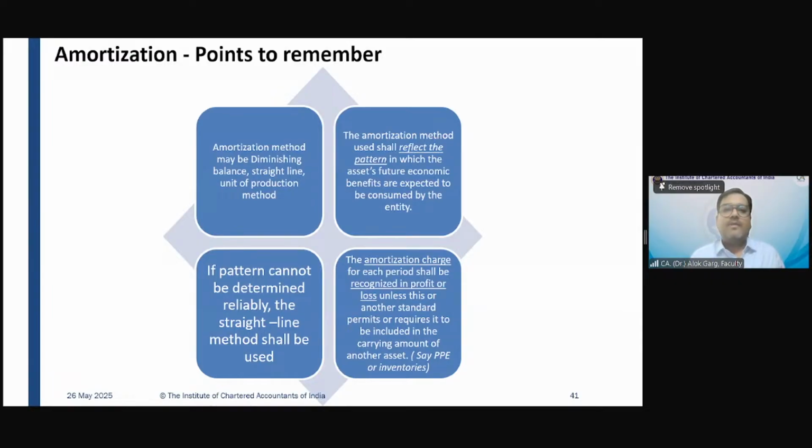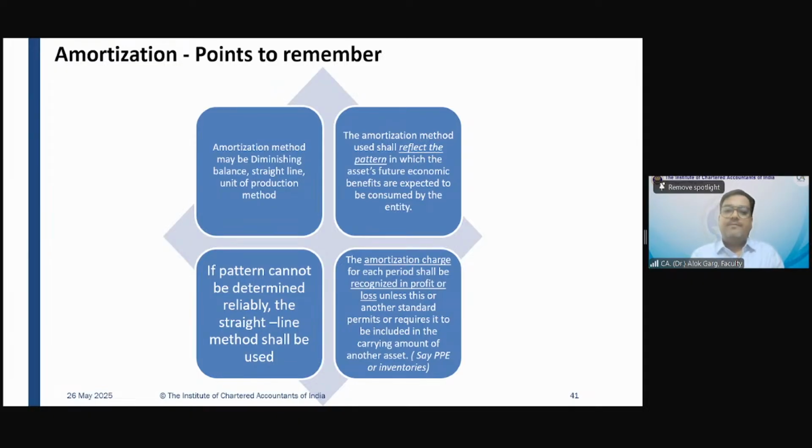The amortization method used shall reflect the pattern in which the asset's future economic benefit is received. If the entity expects the future economic benefit to be constant, the relevant method is straight line. If the benefit is reducing, then reducing balance method, WDV method.